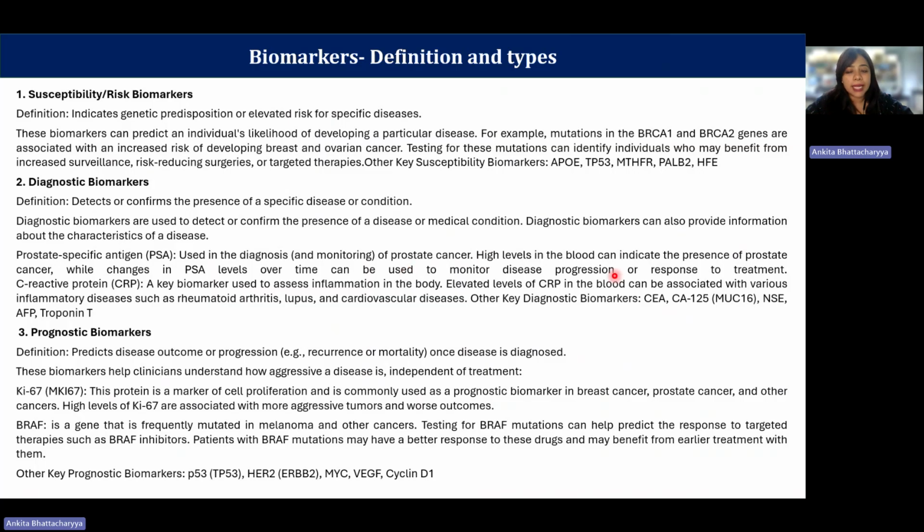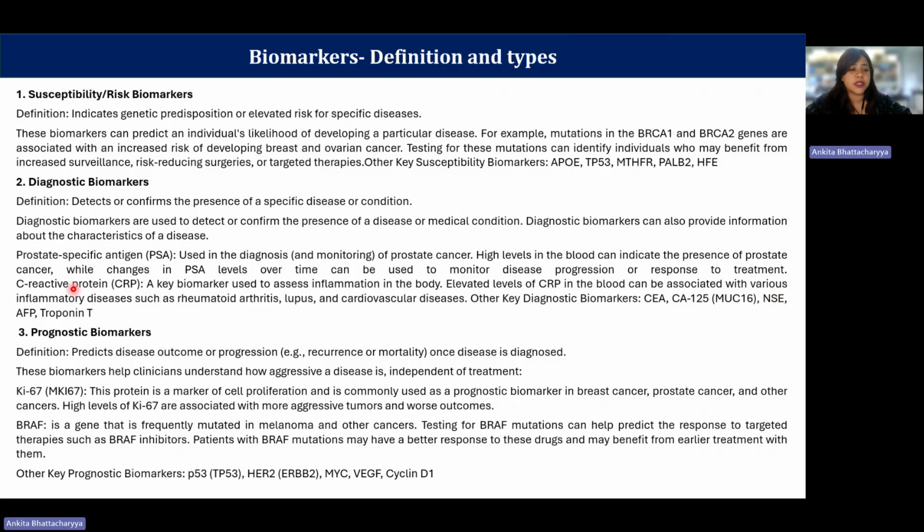High levels of circulating PSA in the blood can indicate the presence of prostate cancer, while changes over time, a sort of curve, can be plotted for PSA response over time. And when a person is treated with a certain drug, the consequent shift in the PSA levels can also be monitored, in response to that treatment, or just to monitor how the disease has progressed over time.